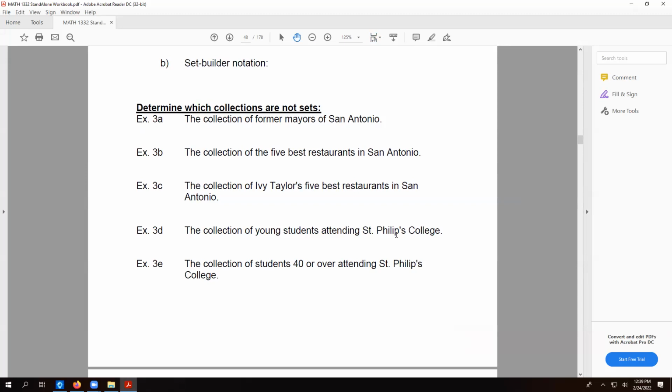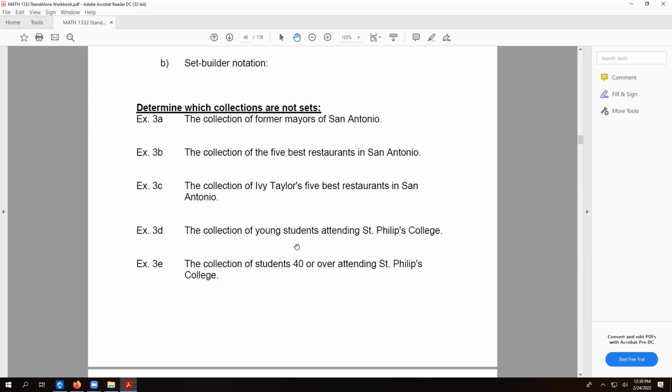So if you can't specifically create the elements with a concrete definition, like 40 and over, that's a legit line that you drew, right? This will have exact data points, a certain set of people. Young, I don't know what that means.